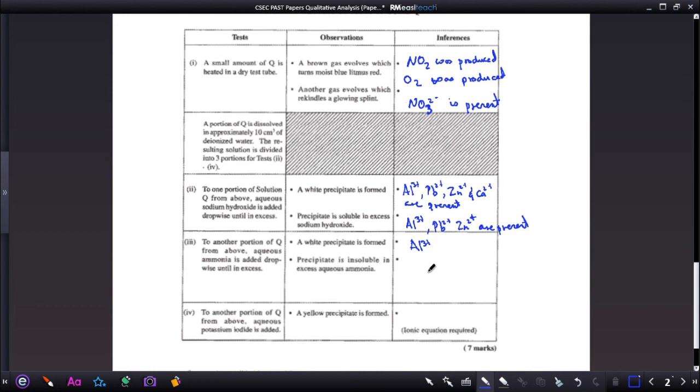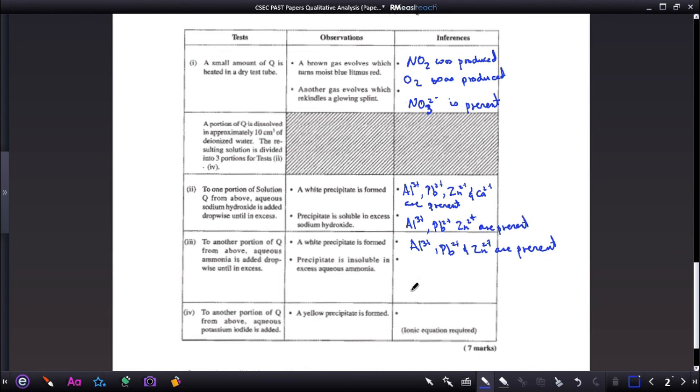That would form when interacting with lead and aluminum. That would interact with sodium hydroxide and ammonia. So the white PPT that is formed would be aluminum, lead 2+, and zinc 2+. So those ions are present. Okay, the precipitate is insoluble in excess ammonia.